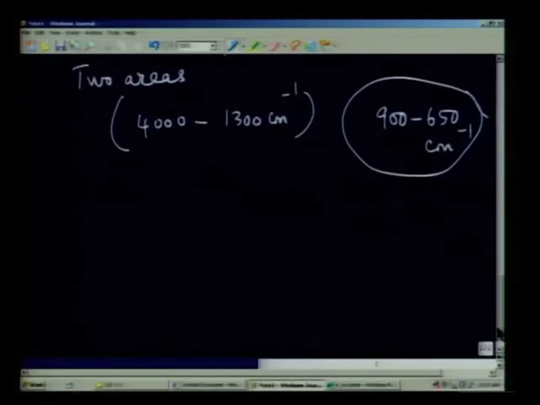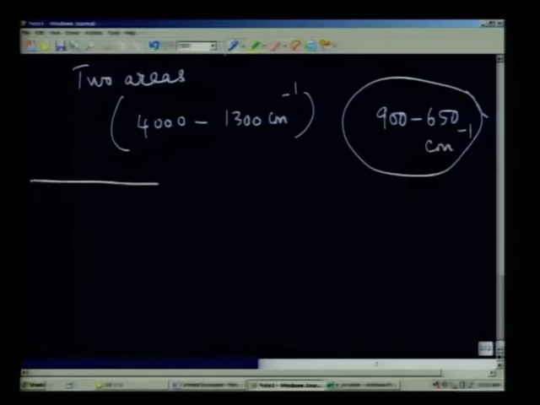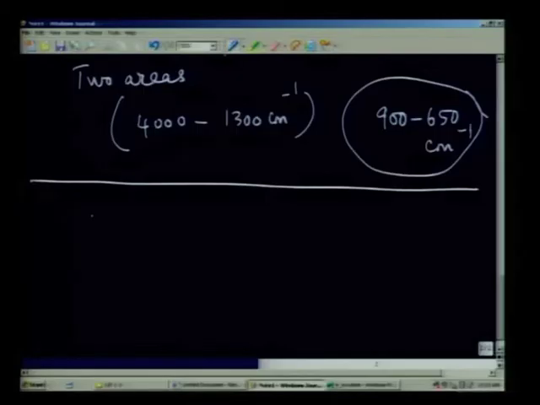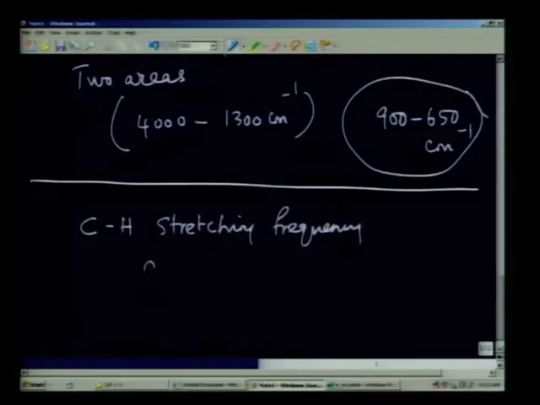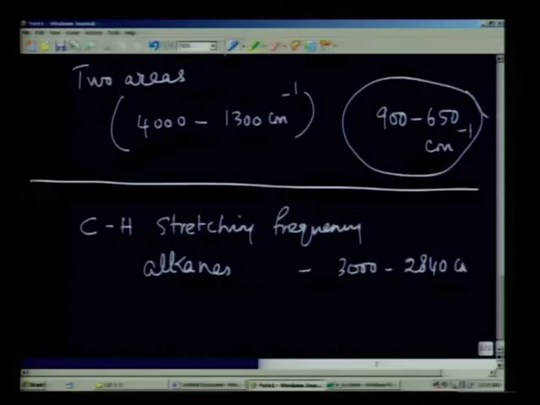Okay. Let us list some of these numbers for your convenience. You will have group frequencies. These are experimentally observed. Carbon-H stretching frequency: typically in alkanes, that is saturated hydrocarbons, you will see absorptions in the range of 3000 to 2840 centimeters inverse.